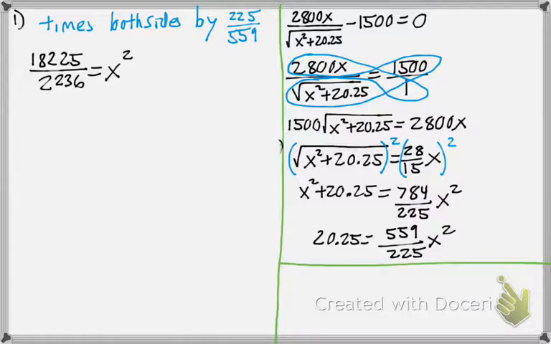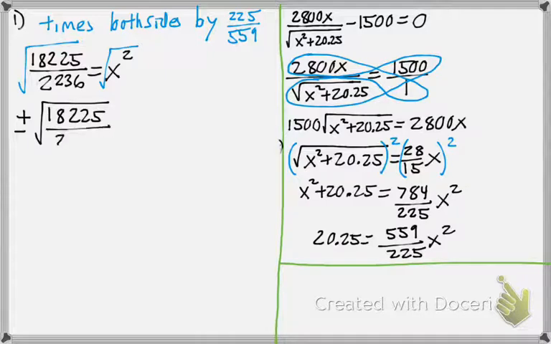And then again, we're trying to find x here, so we need to square root it. So it's not often a problem where you have to take the square of both sides and the square root of both sides, but in this case it is. So I have plus or minus square root of 18,225 over 2,236 is equal to x. And I don't really care about the negative.